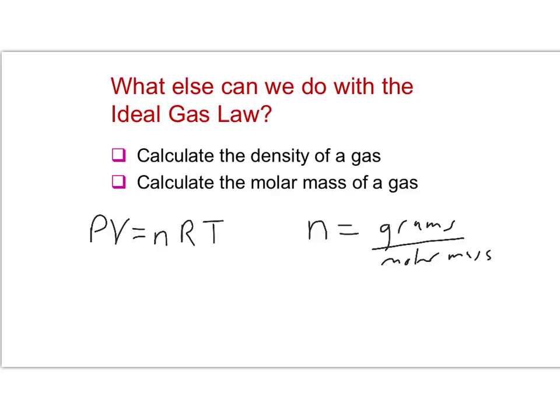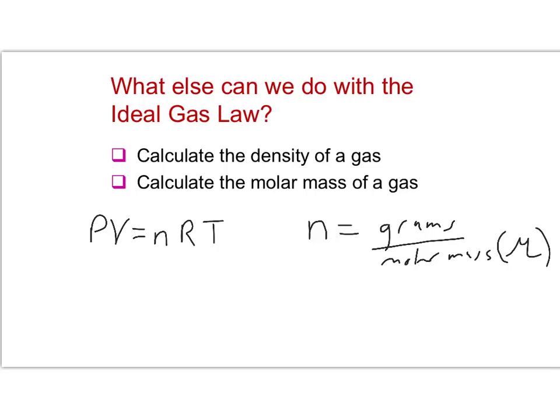Remember that molar mass is grams per mole. So grams divided by molar mass. And just for abbreviation's sake, I'm going to abbreviate molar mass with capital mu, the Greek letter mu.